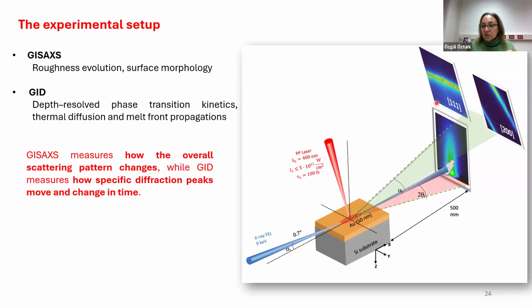So from this detector, I get the information for the 111 diffraction plane, from this one the 200 plane, and from this one I get the GISAXS image. So GISAXS measures how the overall scattering pattern changes. GID measures how specific diffraction peaks move and change in time.